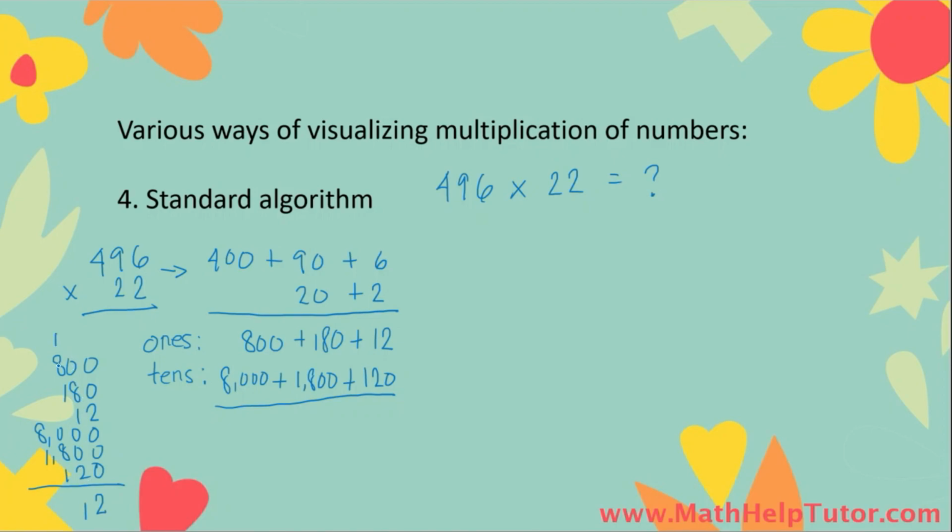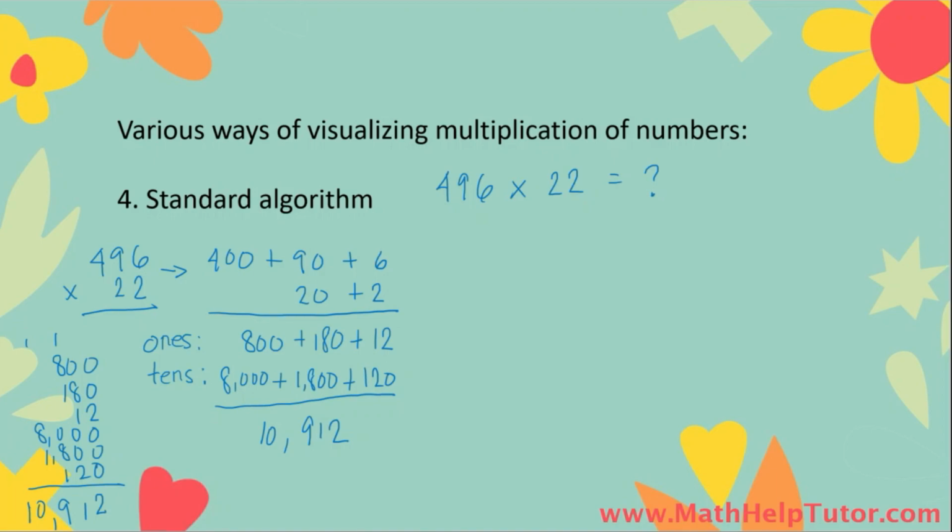For the hundreds place, we have 8 plus 1 plus 8 plus 1 plus another 1. That's 19. And then for the thousands place, we have 8, 9, plus 1. It's 10,912. So the answer to 496 times 22 is 10,912.